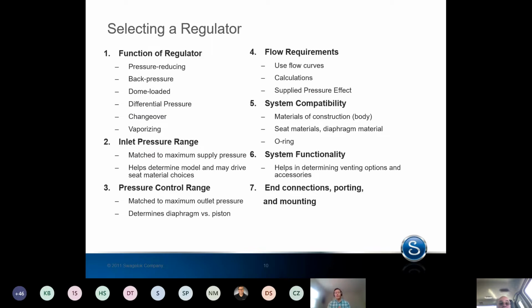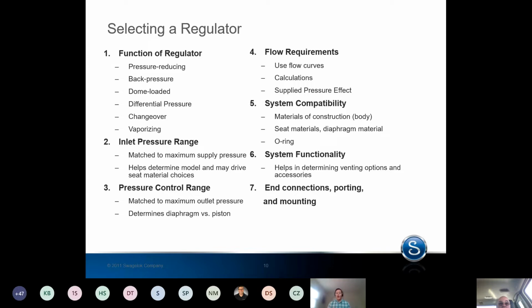And I view selecting a regulator really as a 7-step process. But in reality, steps 2, 3, and 4 are where a large amount of the regulator-specific work comes in: inlet pressure, pressure control, and flow requirements.